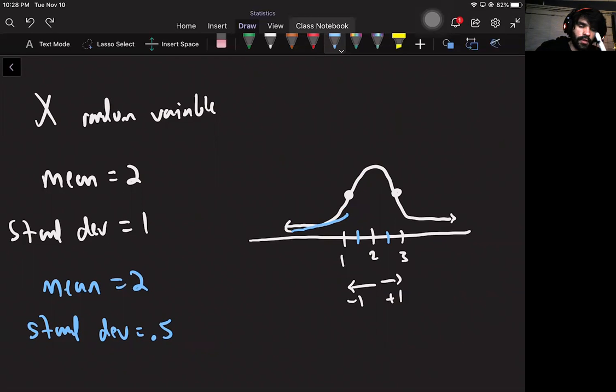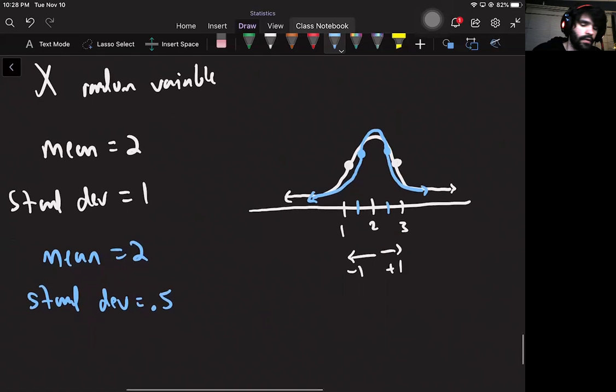One more try. Then I'll give up. So I need to inflect right about here and right about there. So I'll do something like that. Hopefully that's good enough to see, but it should be a little bit taller and a little bit less wide.